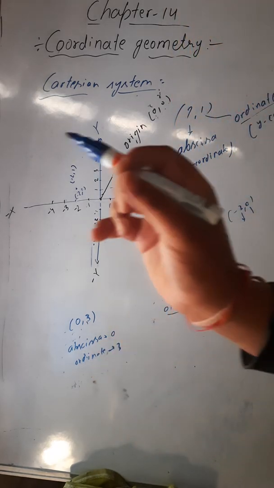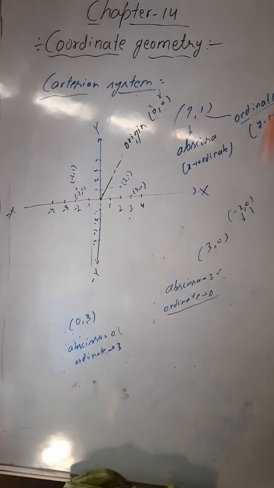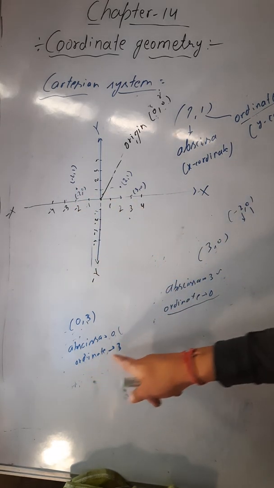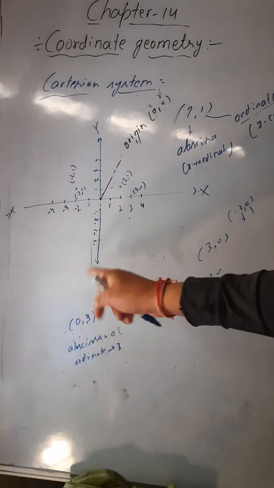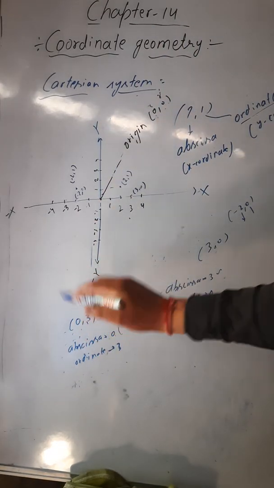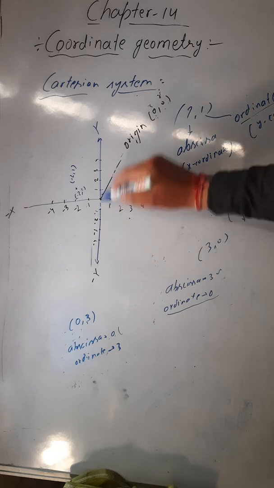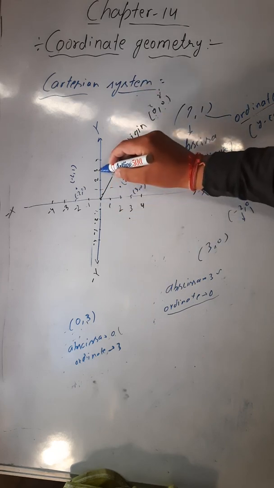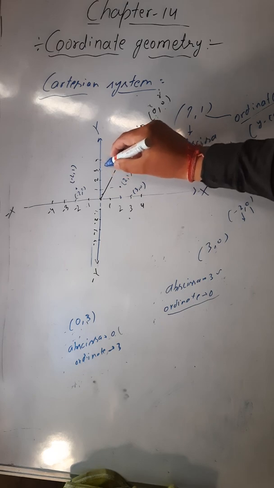Abscissa is 0, meaning along the x-axis you do not have to move. Only you will move along the y-axis. Along the y-axis, you have to move 3, along the plus y-axis, this is plus 3, no? So you will move upside from here. This will be the point 0, 3.